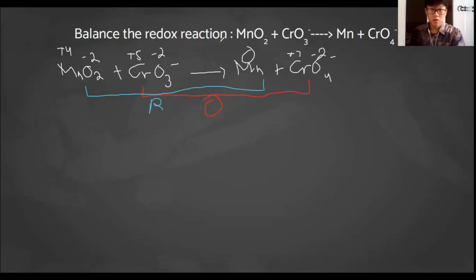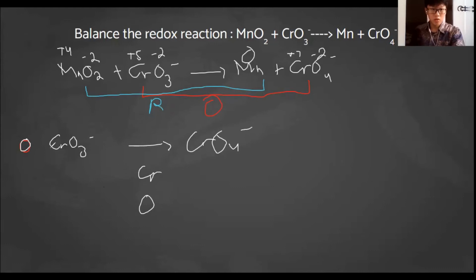Now we separate the reactions for the oxidizing reaction. So CrO3 will form CrO4. So first, to balance the oxygen in both sides, hold on.